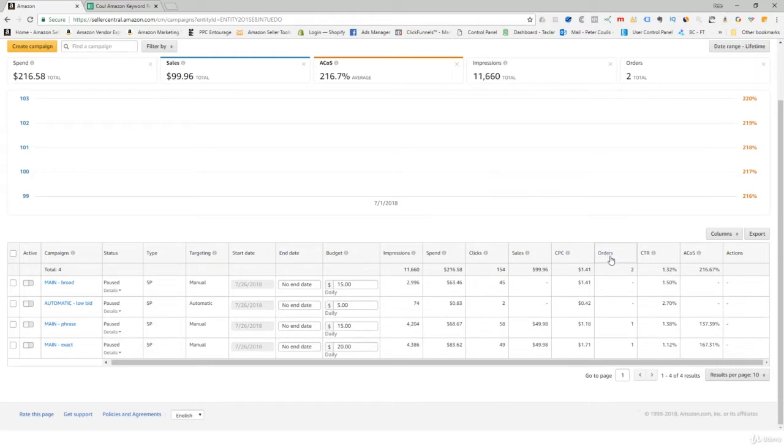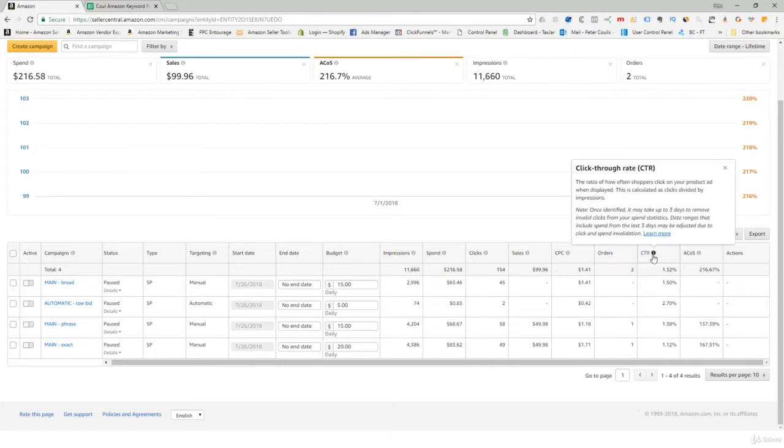And I've obtained, it says 2 orders, and that seems a little bit off, right? Somebody must have ordered multiple products within one of the orders. Otherwise, this would be too high. But anyway, we have our orders, and we have our CTR, which is our click-through rate. This is the ratio of how often shoppers click on your product ad when displayed.